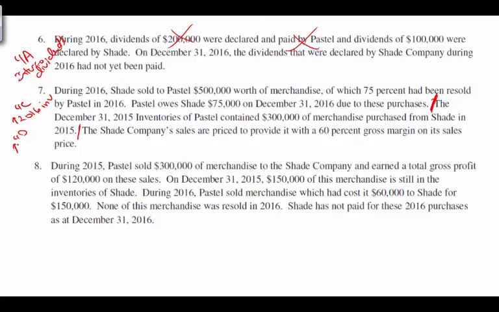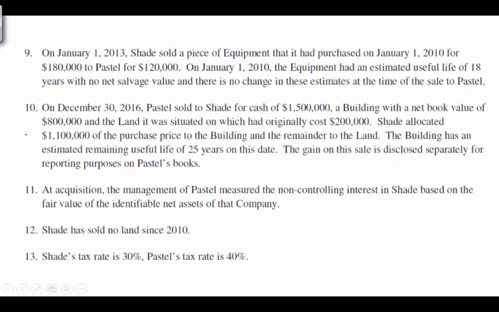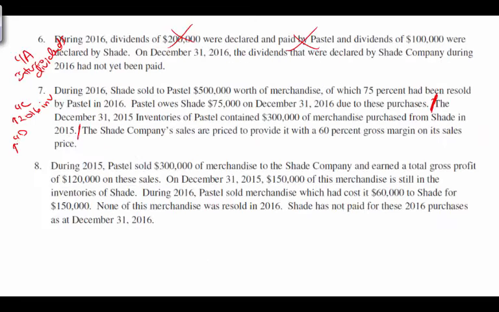It's still upstream from sub to parent, but it is a 2015 inventory transaction. Finally, the Shade Company's sales are priced to provide it with a 60% gross margin on its sales price. The gross margin information here will help us determine the profit from these sales, both of these intercompany inventory upstream transactions, that needs to be eliminated for both 4C and 4D.